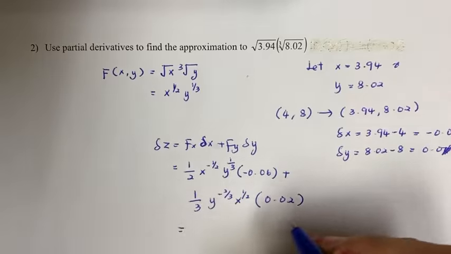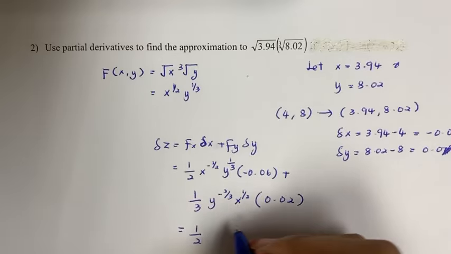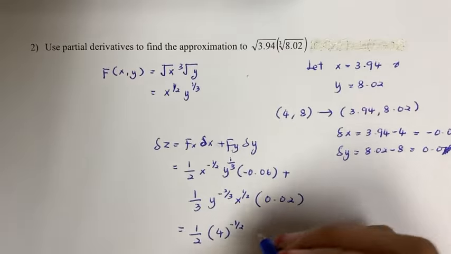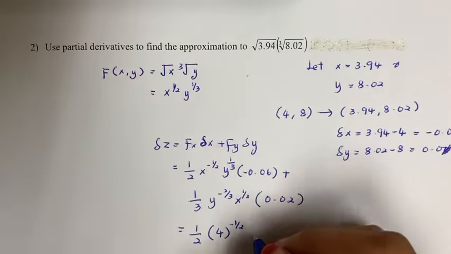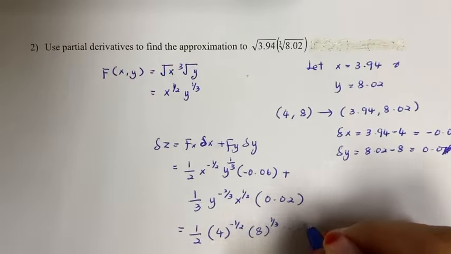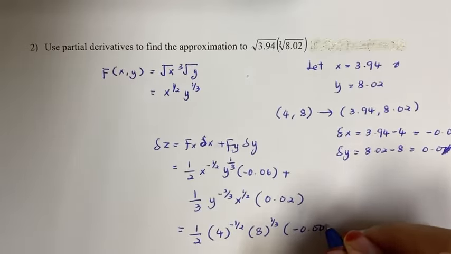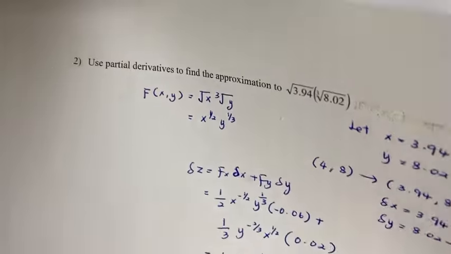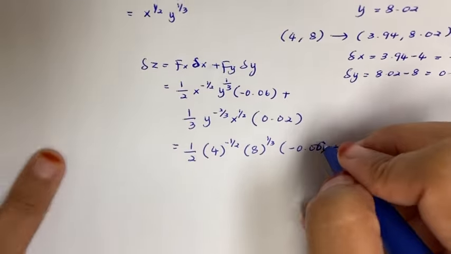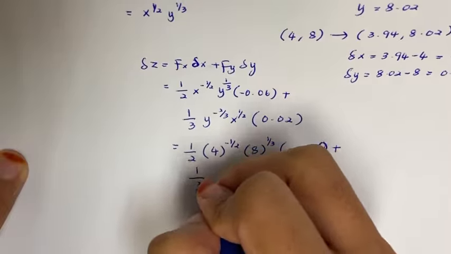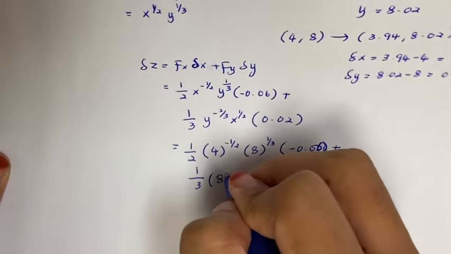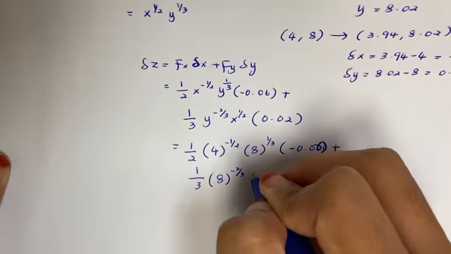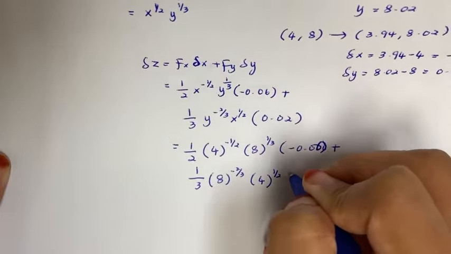So this is equal to 1 over 2 times 4 to the power of minus half, y is 8 to the power of 1 over 3, multiplied by minus 0.06, plus 1 over 3 times 8 to the power of minus 2 over 3 times 4 to the power of half, multiplied by 0.02.